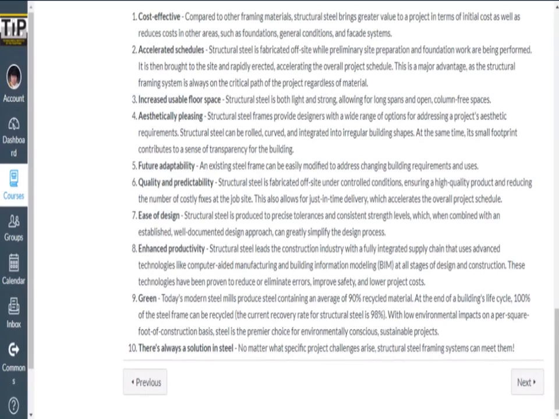Next, ease of design. Structural steel is produced to precise tolerances and consistent strength levels, which, when combined with an established, well-documented design approach, can greatly simplify the design process. So, as I have said earlier, structural steel is more consistent in terms of its properties, no? Rather than concrete.